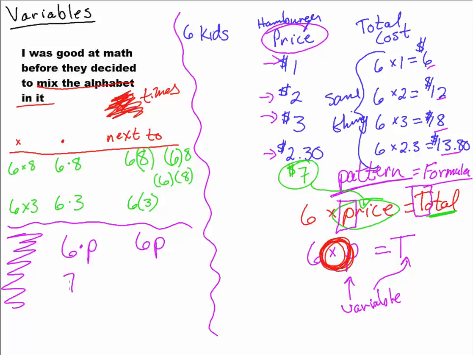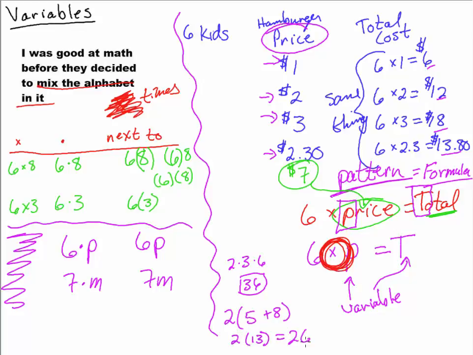So 7 times m, well, you just write it as 7m. So this is how multiplication happens. So when you have something like 2 times 3 times 6, you just go 2 times 3 is 6, times 6 is 36. Or if you have 2 parentheses, 5 plus 8, this is now 2 times 13, which is 26. Good, that introduces variables for you.